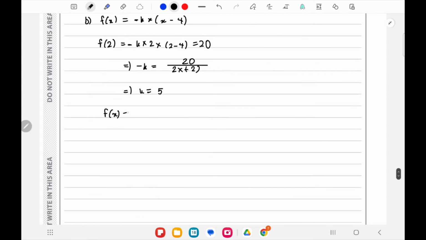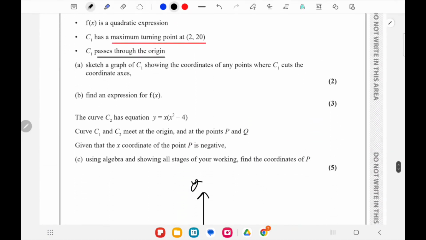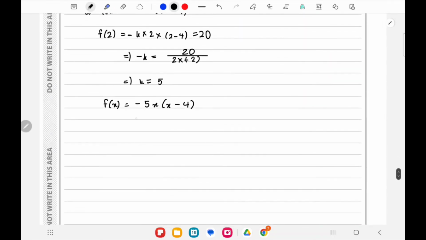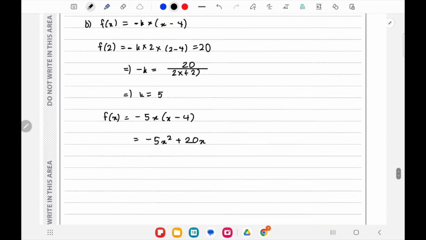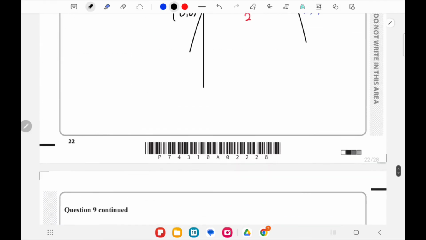So f of x will be minus 5x times x minus 4. You can keep it in this form or write it down like this: minus 5x squared plus 20x. Either of these forms would be correct.